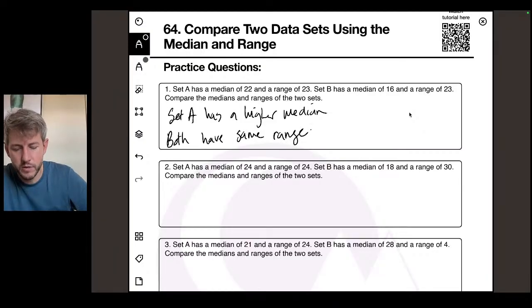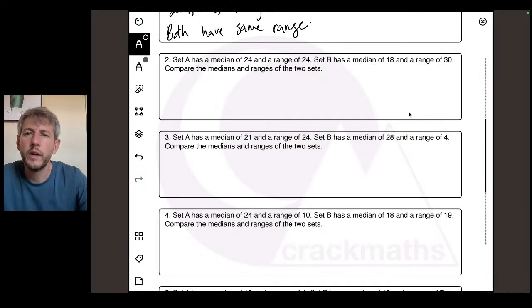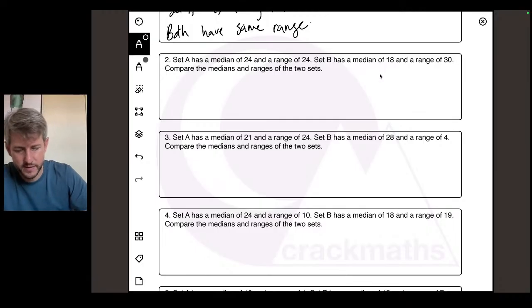Okay, question 2. We've got here, set A has a median of 24 and a range of 24. Set B has a median of 18 and a range of 30. Compare the medians and ranges of the two sets. Okay, so set A has a higher median, set B has a larger range.